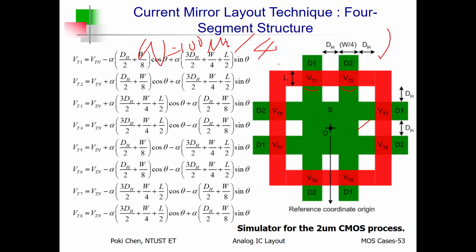So for each edge, the width is larger than 50 microns. And also, it is the same for the other side. So totally, the area you need to sacrifice for such kind of high accuracy layout pattern is much larger than 50 squared micrometers squared.